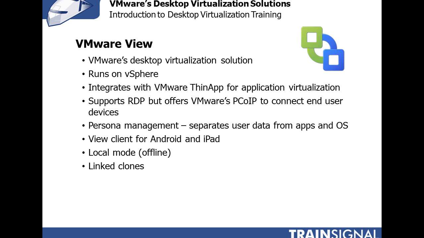And you can picture how this would be a tremendous benefit when it comes to saving disk space the more users that you have, because if you have 1,000 users or 5,000 users, picture the difference in the space utilization for just one virtual machine versus 1,000 or 5,000 virtual machines, all taking up space in your storage infrastructure. So those are just some of the features of VMware View.